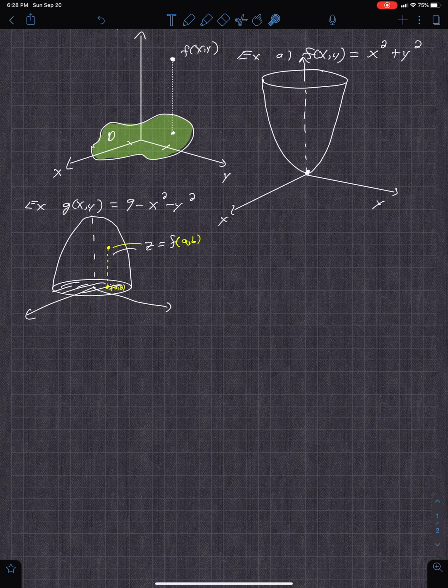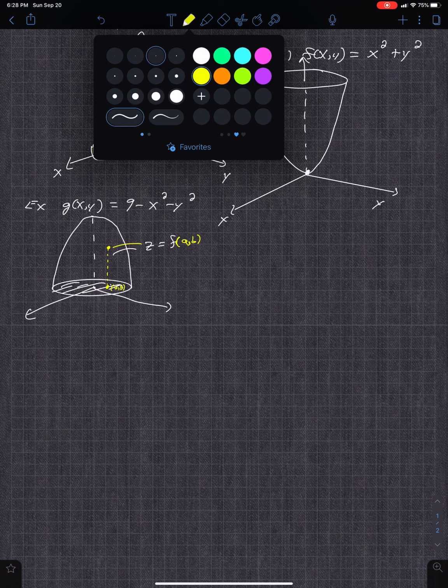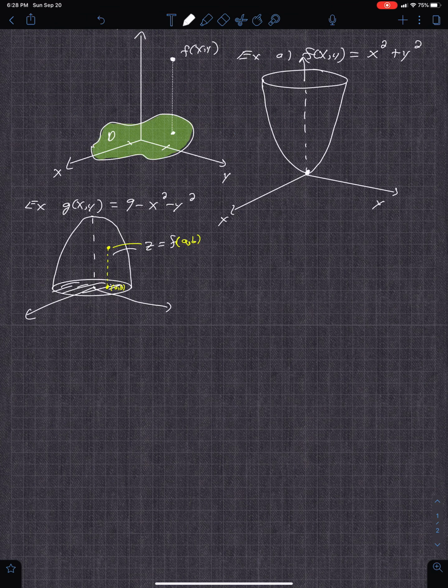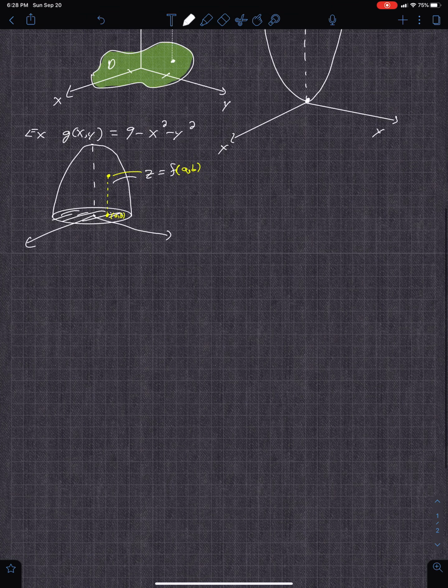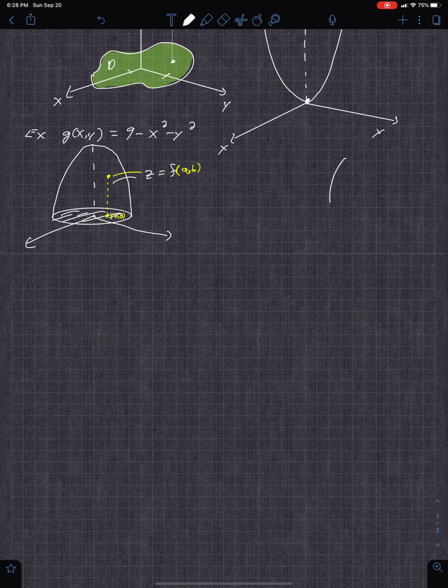So what about a hyperbolic paraboloid? No, I'm sorry. What about a hyperboloid of 1 or 2 sheets, right? So if you have a hyperboloid like this, is this a function?